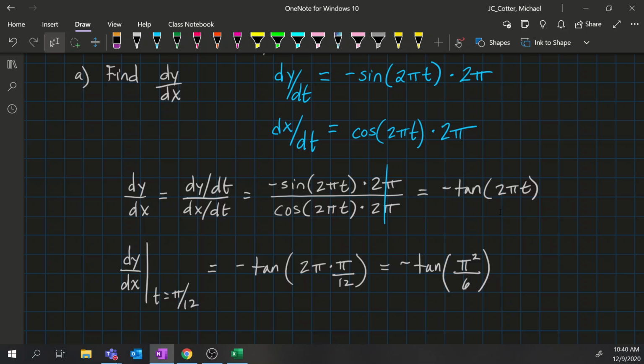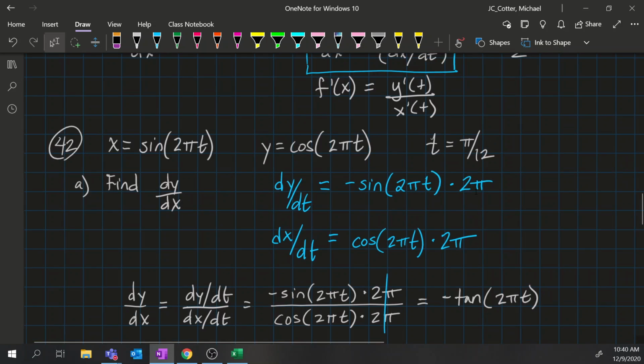So I'm just going to type in negative tangent of pi squared divided by 6. And this is going to be, I'm going to round it. It's going to be about 13.5. Okay? So that is the rate of change of y with respect to x when t equals pi over 12.